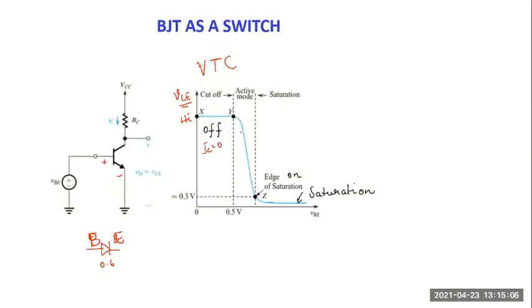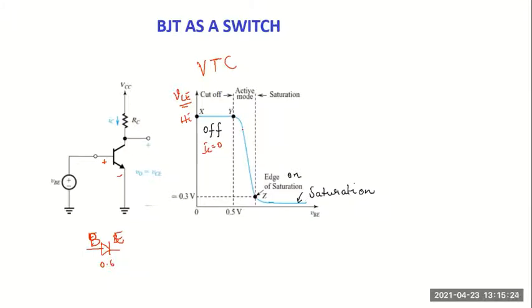And in active mode, you see the behavior. When the transistor is in active mode, any small change in VBE will cause a drastic change in the voltage. You see how the curve is changing.